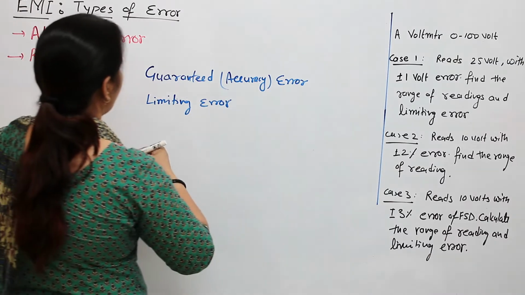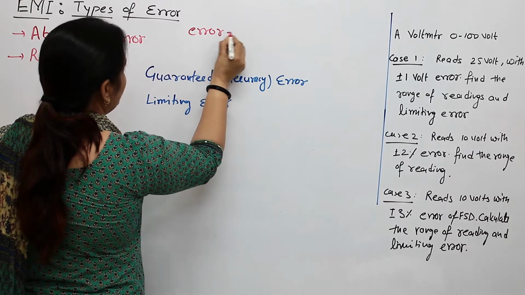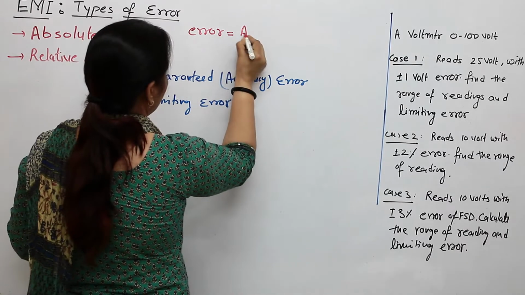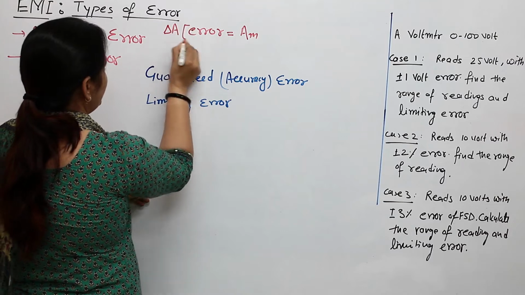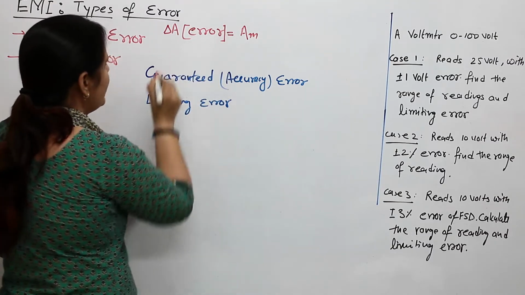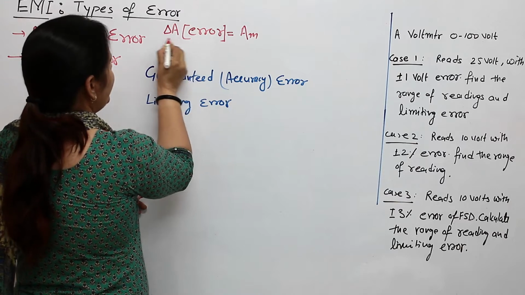Error can be defined as the difference in delta A. A is a quantity that I would like to measure, and delta A is the change between the measured and true value.